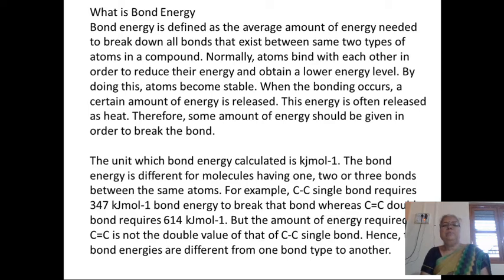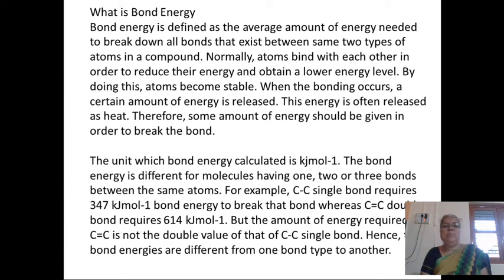Normally, atoms bind with each other in order to reduce their energy and obtain a lower energy level. By doing this, atoms become stable. When the bonding occurs, a certain amount of energy is released, and this energy is often released as heat.